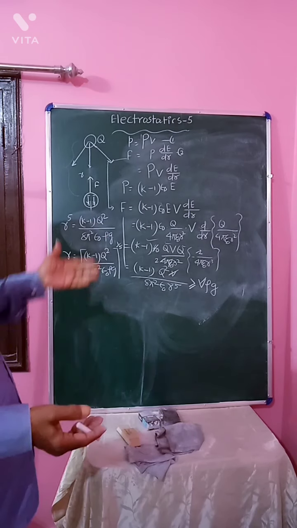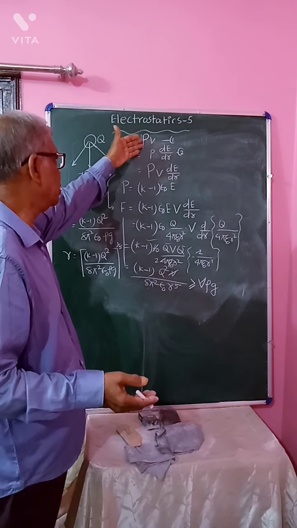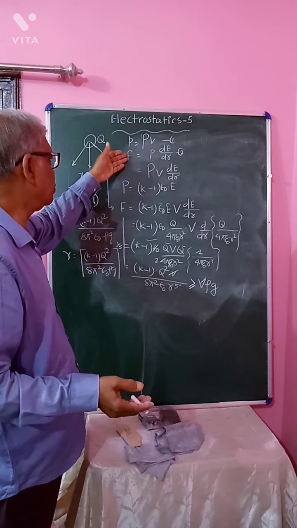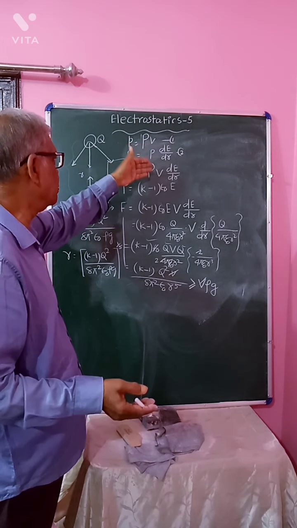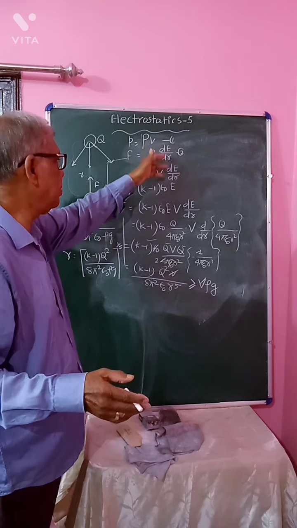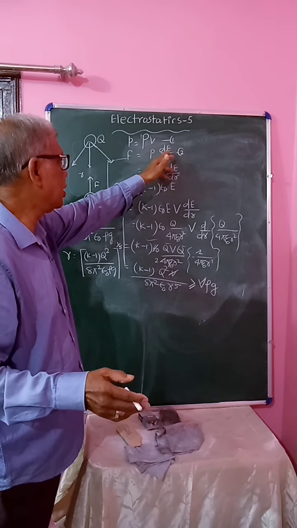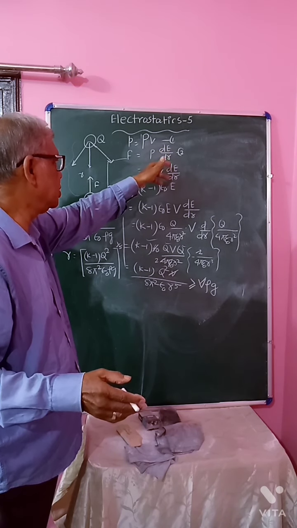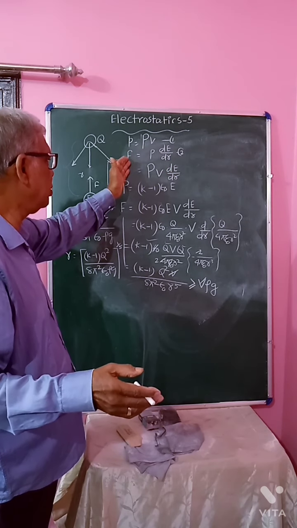Provided you know the working formulas: that dipole moment is polarization into volume; that the force experienced by an electric dipole in a non-uniform electric field equals p into dE by dr, p being the dipole moment. For a uniform electric field this derivative becomes 0 because E is constant, so no force is exerted on the electric dipole.